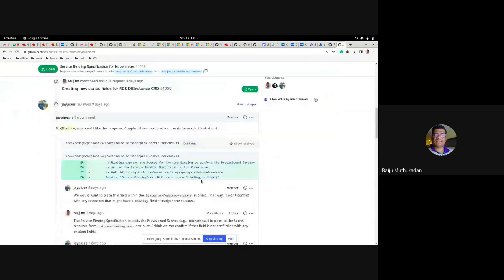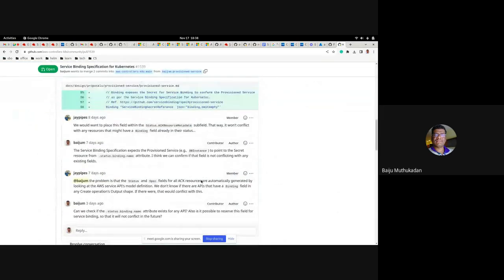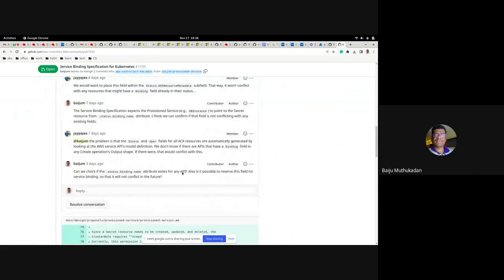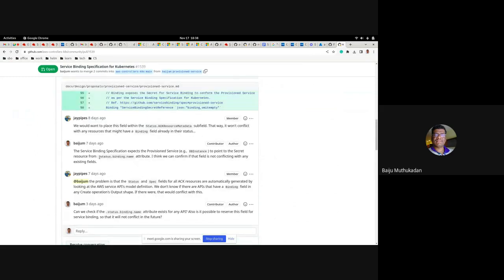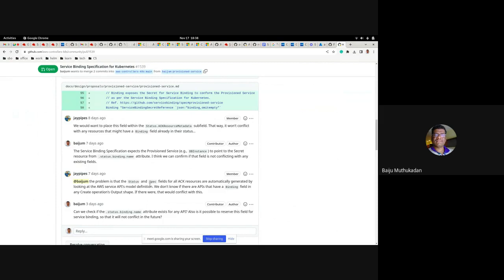There were some simple questions, but the most important question, which seems to me a kind of blocker, is this question here regarding this field itself. The question is about the structure. That is the problem. This is what Jay mentioned: the status and spec fields of all ACK resources are automatically generated by the AWS service API's model definition.